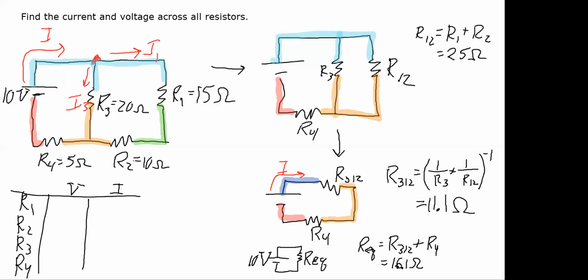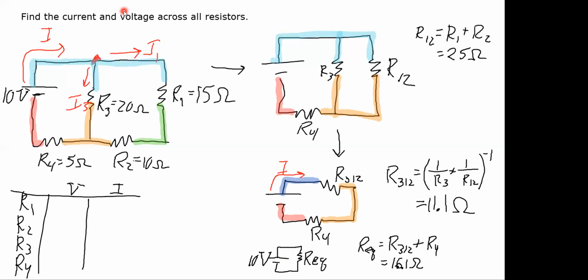Now why do I want to find the equivalent resistance? It all goes back to how I started this whole thing. I said over here, it would be helpful if I knew this I, coming from the battery, because then I could eventually figure out what this I1 is and this I3 is. So I need to know this I. Well, in this picture, it's really easy to find out what that I is.